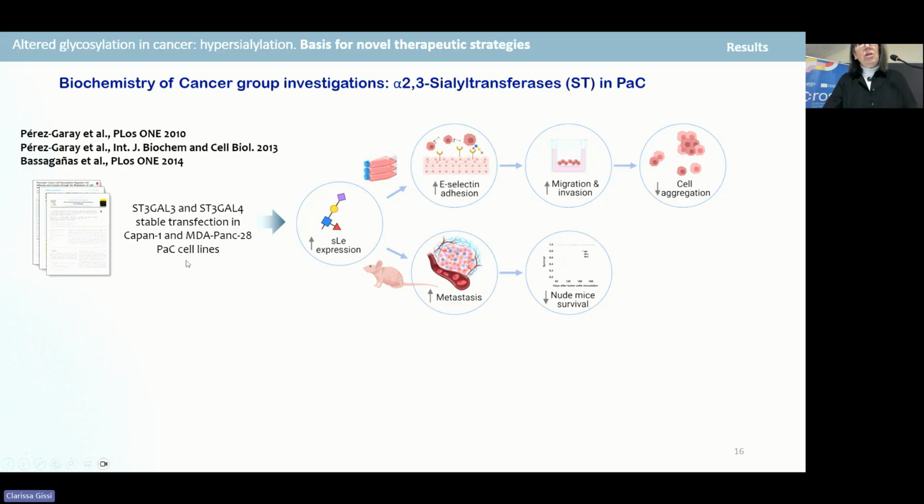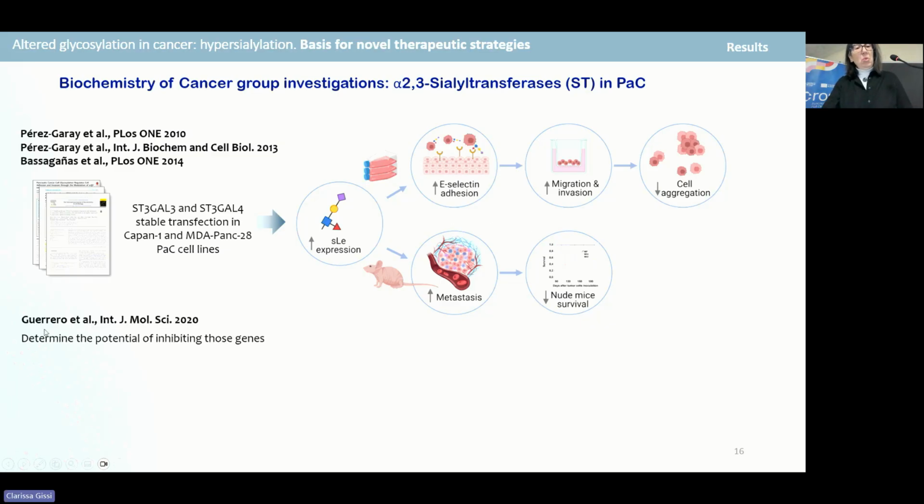The transfection causes an overexpression of this antigen, and we observed an increase in E-selectin adhesion, also an increase in migration and invasion, a decrease in cell-cell aggregation. When performing then in vivo studies with athymic nude mice, there was an increase in metastasis when the cells were expressing the sialyl-Lewis X, and also a decrease in nude mice survival.